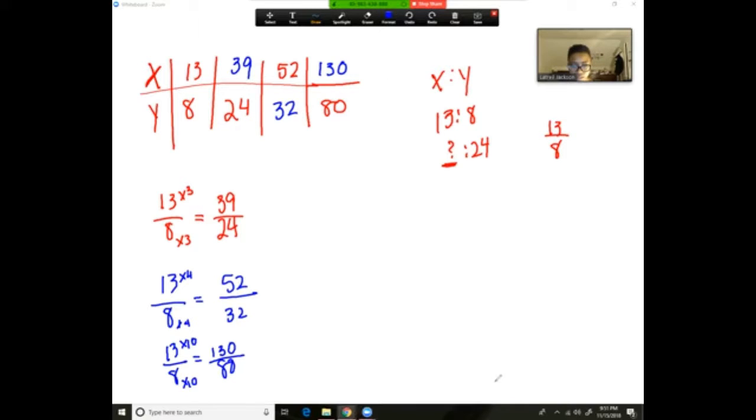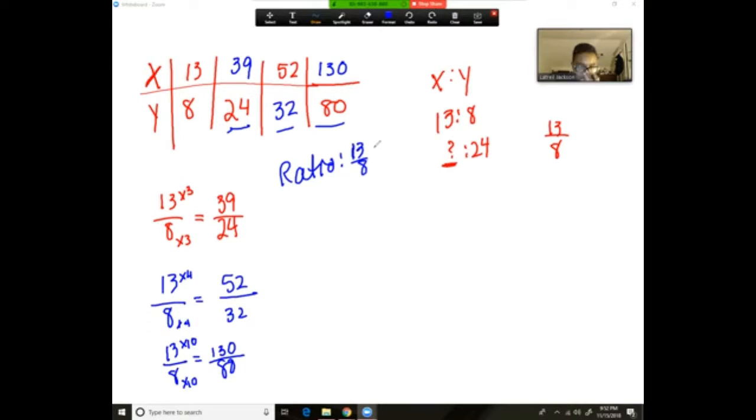Okay, we finished the ratio table accurately. All of these fractions after 13 over 8 are equivalent fractions to 13 over 8. And so the question, if you want us to know what the ratio was, that's what the question is on the assignment, is 13 over 8.